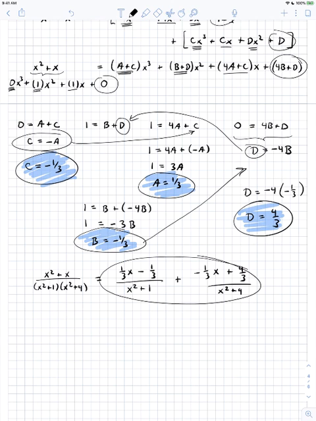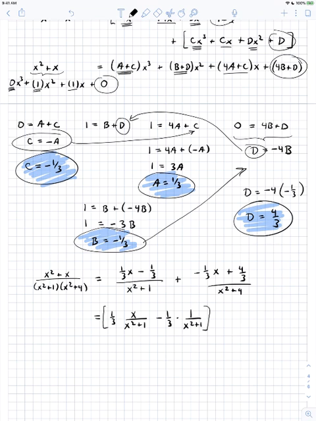Well, as they are, it's a little bit troubling. However, you can break these apart into separate fractions. So this is 1/3 times x over x squared plus 1 minus 1/3 times 1 over x squared plus 1. So that is what you get when you break up the first term into its two pieces.